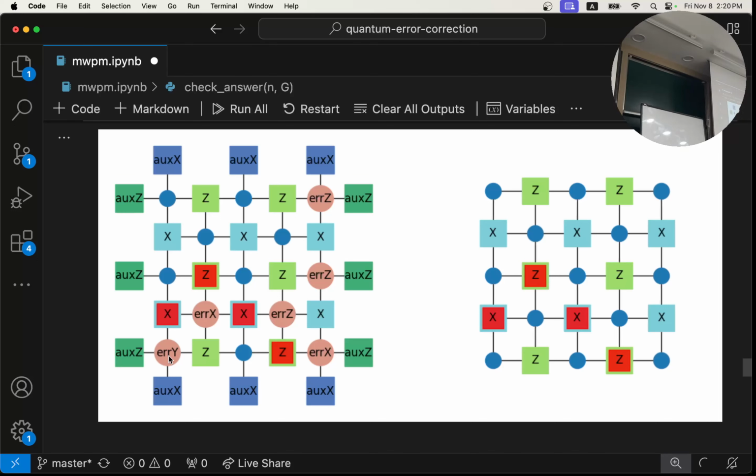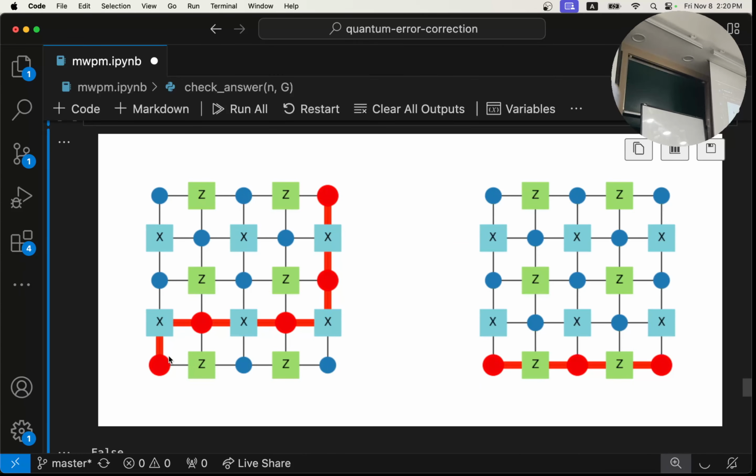But what happens is, it was not really here. It was actually three data qubits that had the Z error. So instead of turning off the Z errors on these three data qubits, we made one more error intentionally in order to turn off the error light. So what we actually have is four unwanted Z gates on these four data qubits. Okay, that's what the picture at the bottom says.